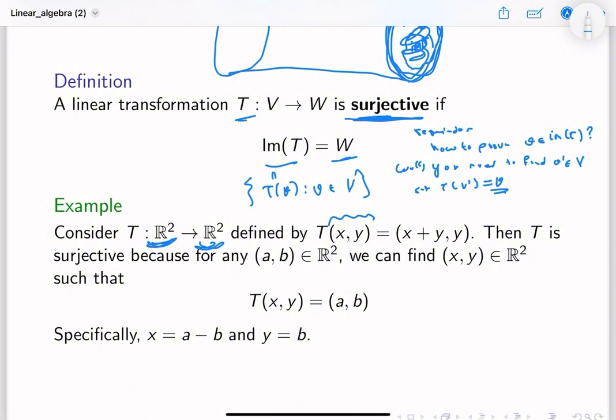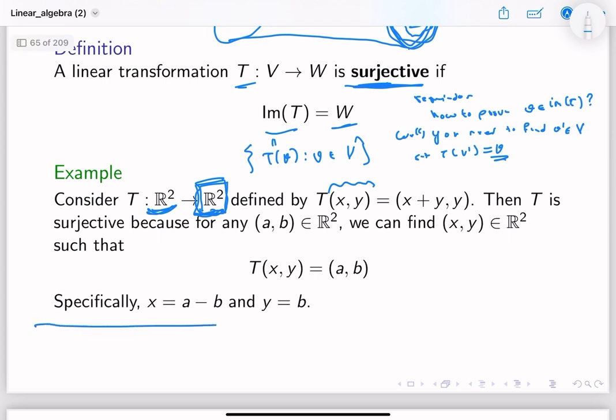So this is how we're defining the linear transformation T. And the question is, what's the image of T, and is it equal to R2? In other words, is the map surjective? So the first step is to find the image, and then to ask yourself, is it equal to R2 or not? So the solution is over here, but let us just rewrite things to understand what's going on.